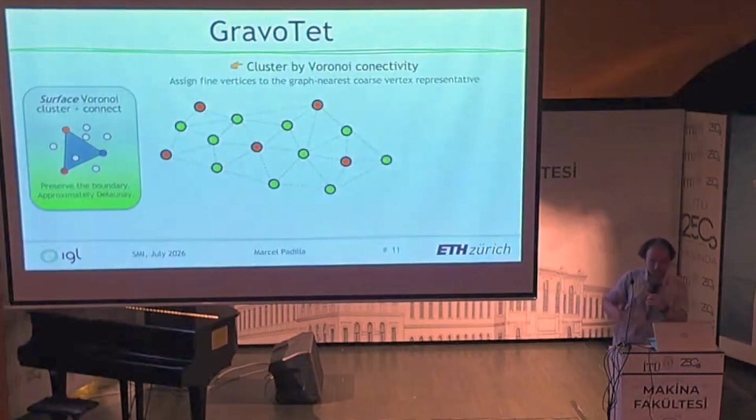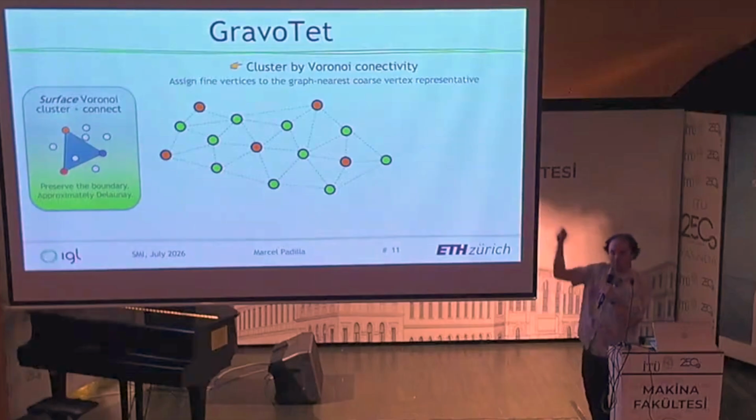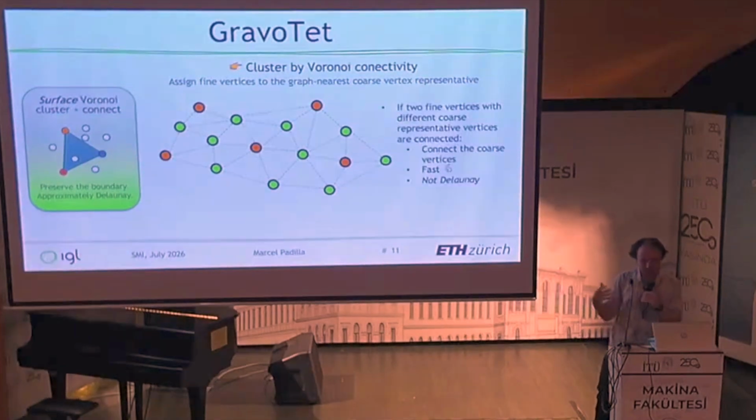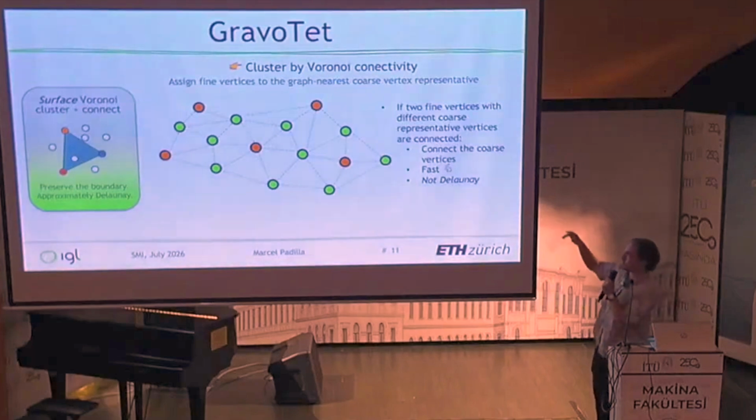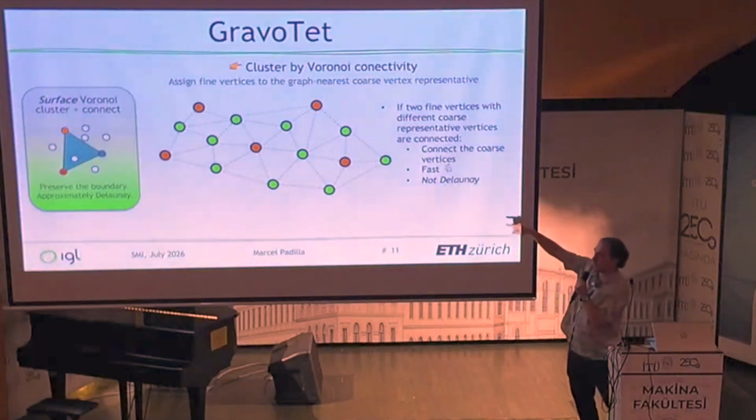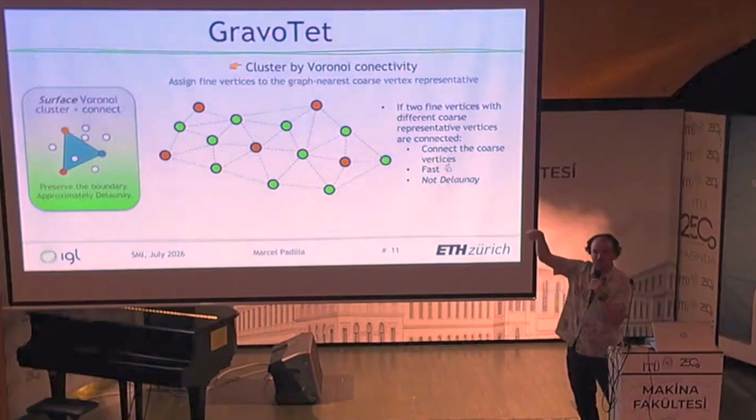So how do we do this? The clustering part now. So we have these orange vertices. We want to connect them with each other. And a straightforward way to do this is to look at the fine vertices, so the green ones, and look at where they are connecting.